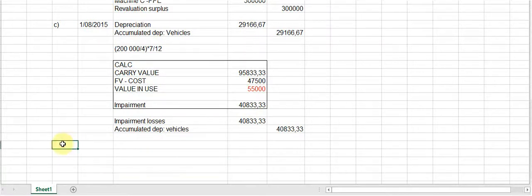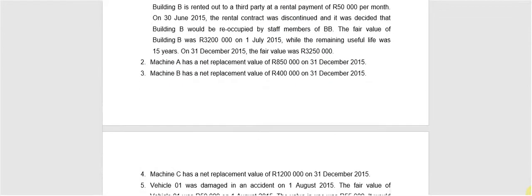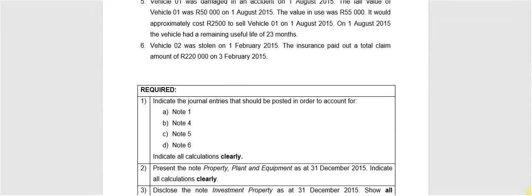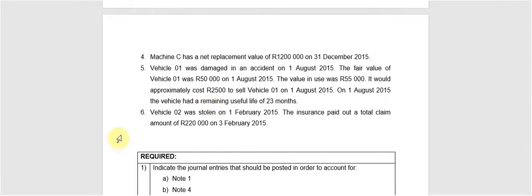We are on note number D, and that asks us to do calculations for note 6. If I look at note 6, it says here that the vehicle O2 was stolen on 1 February.